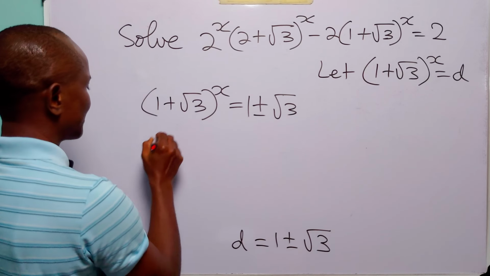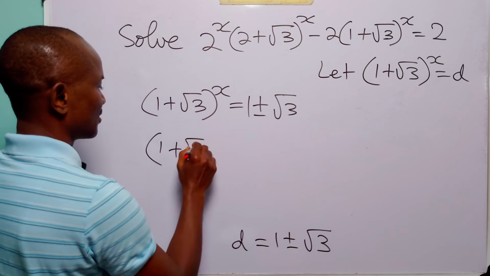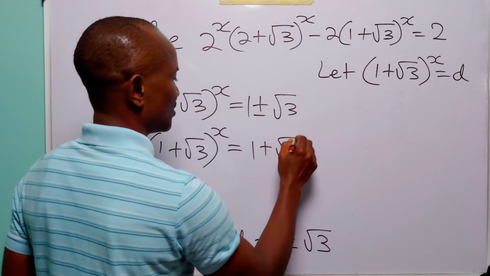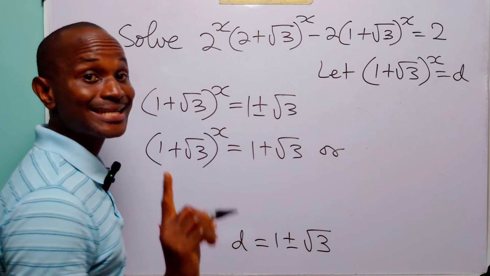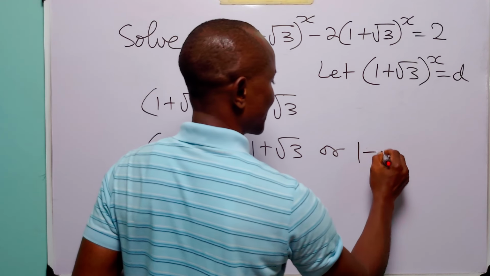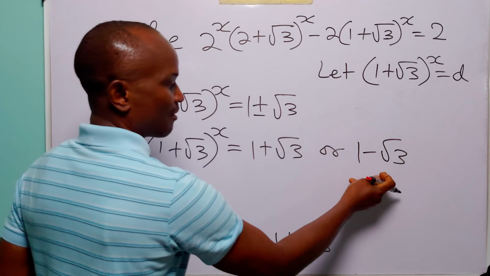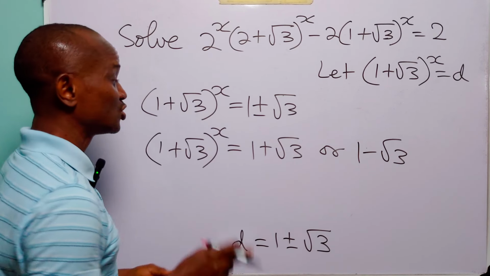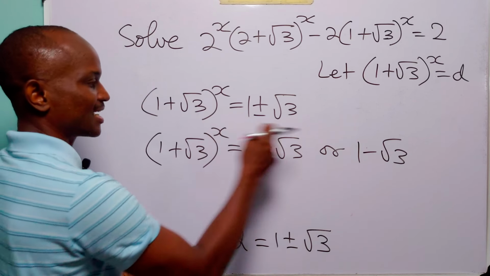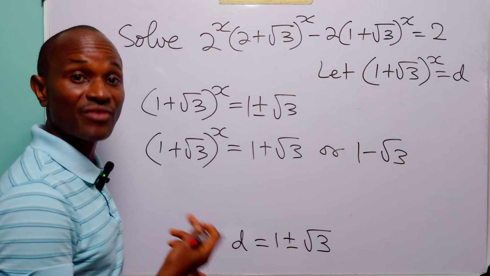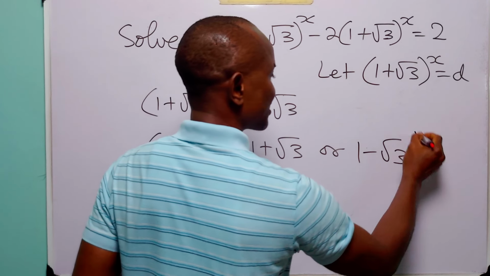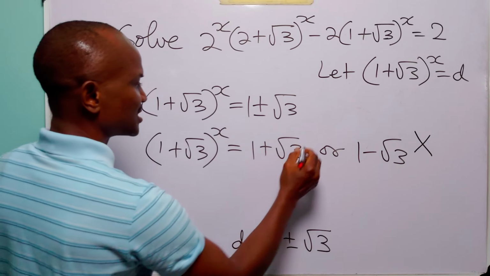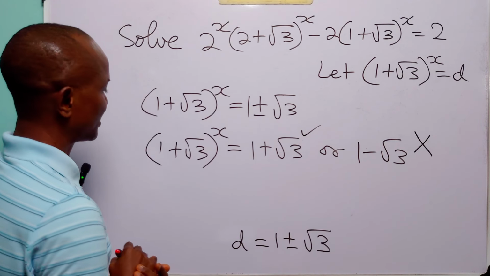We have that either 1 plus root 3 to the power x is equal to 1 plus root 3, or it's equal to 1 minus root 3. But notice that this is negative and there is no real value of x that is going to give us a negative output. So this value of d is not acceptable. So this is the only value of d that we can take.